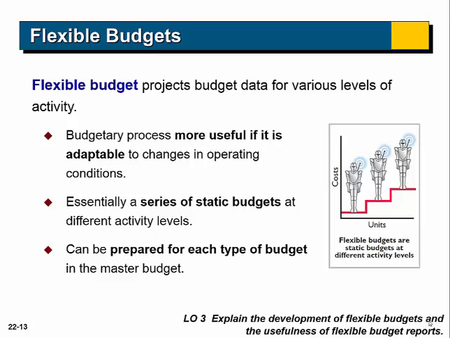Our flexible budget is essentially a series of our master static budget that we put together in Chapter 21, but it takes into consideration different activity levels. It can be prepared for each type of budget that we put together in Chapter 21 in that master budget.